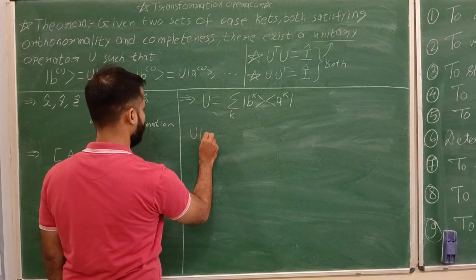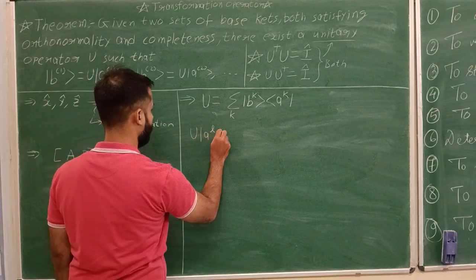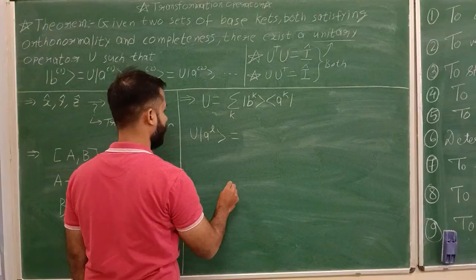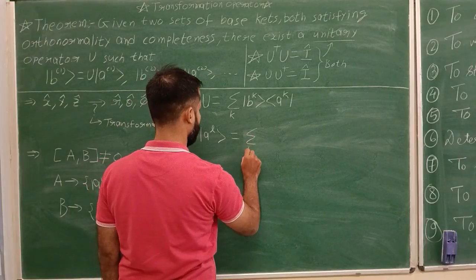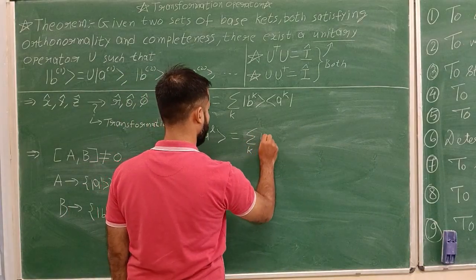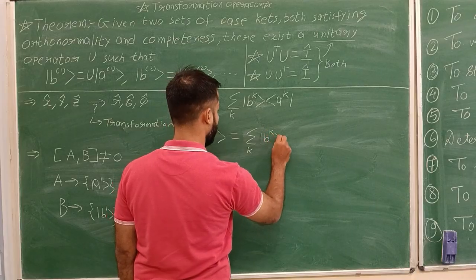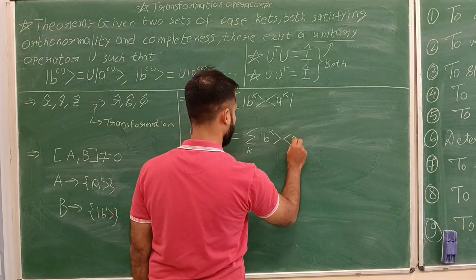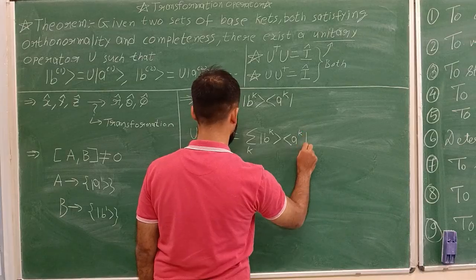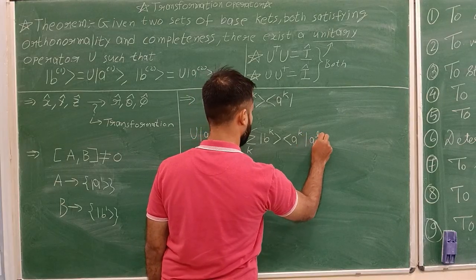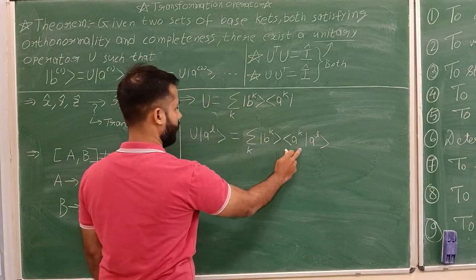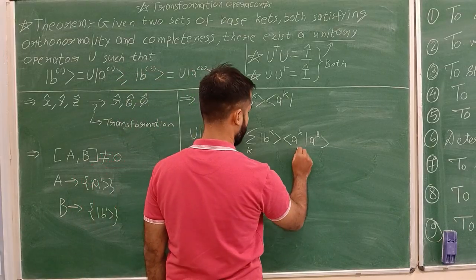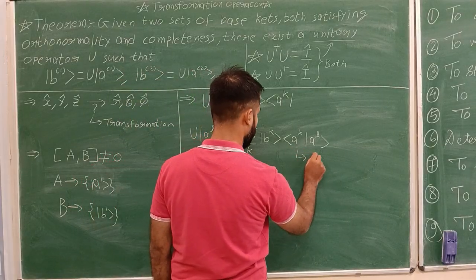I apply U on some state. This will give me Kronecker delta.